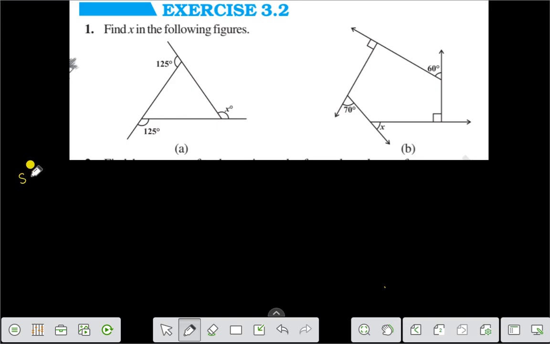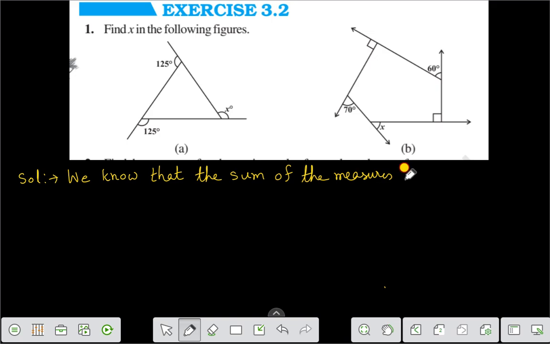Find x in the following figures. Let us solve question number A. We know that the sum of the measures of the external angles is 360 degree.